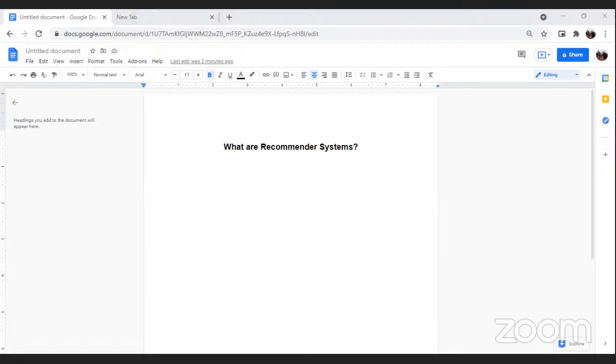Right, Ipsita. A recommender system is a subclass of an information filtering system. It is meant to predict the preferences and ratings that users would give to a product such as a movie or an item. Yes.